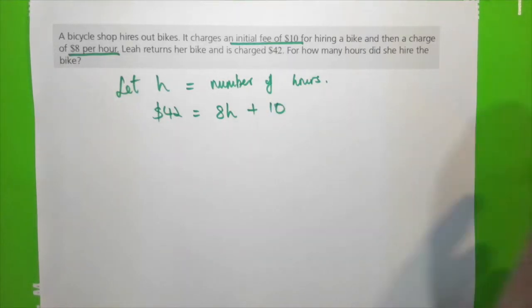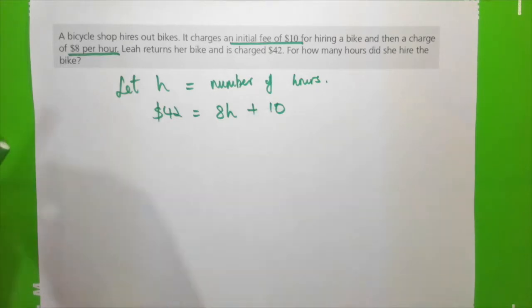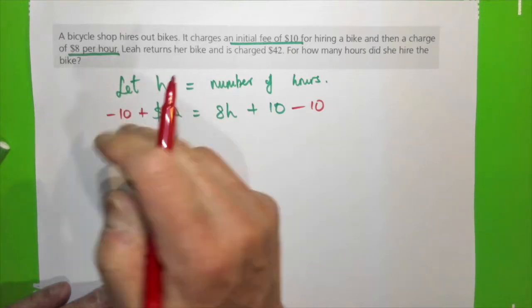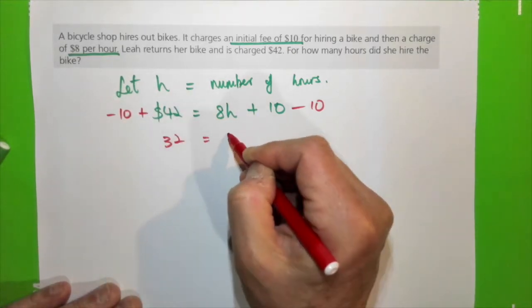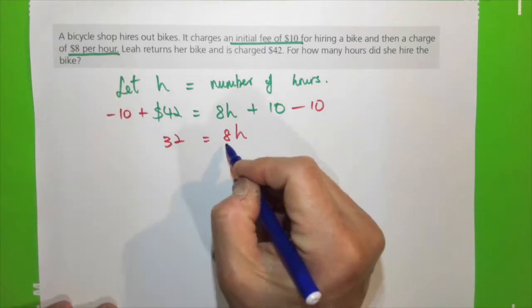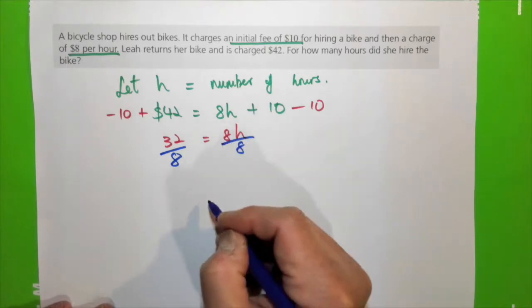Right, in order to solve this, let's eliminate 10 from the right hand side. Minus 10, 42 minus 10 is 32, equals 8h. This time, divide by 8. We can eliminate 8 here.